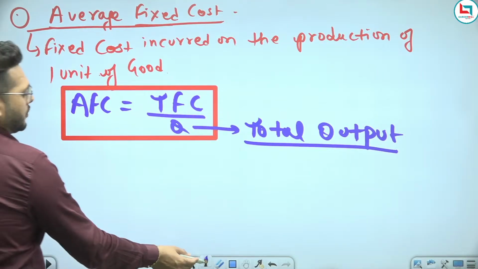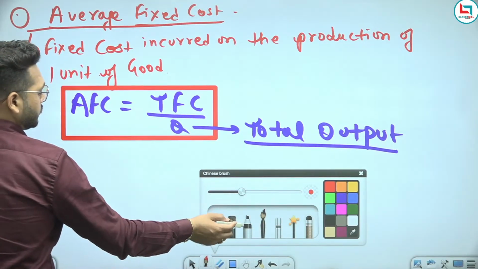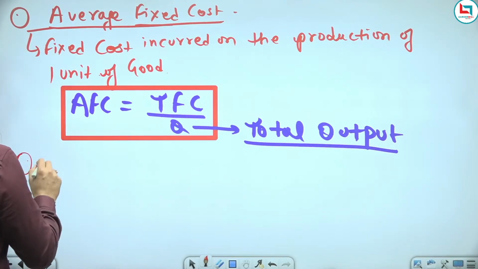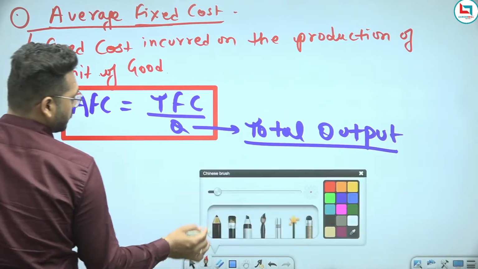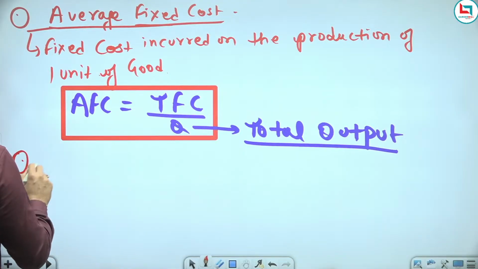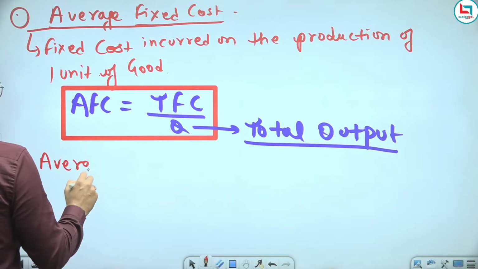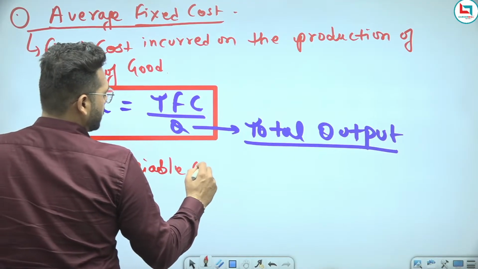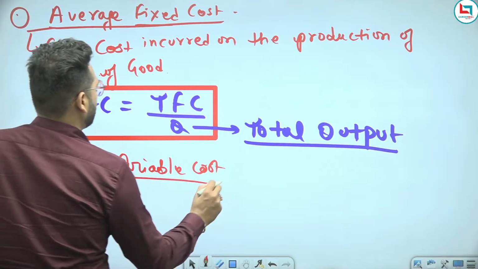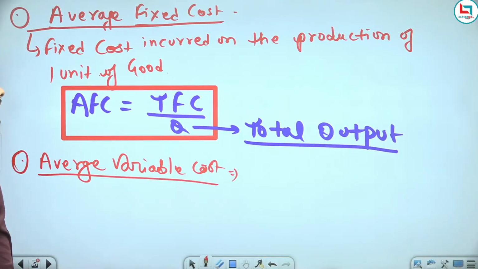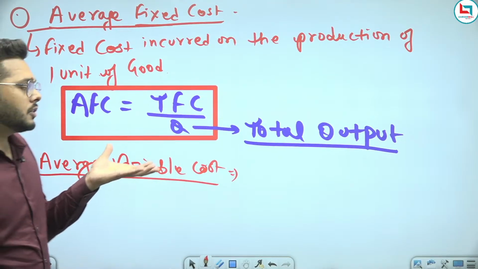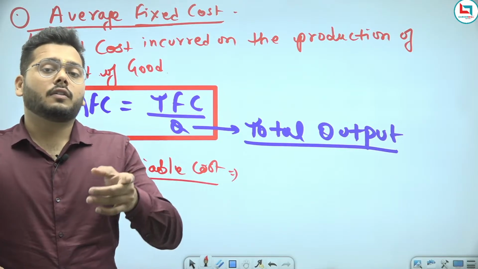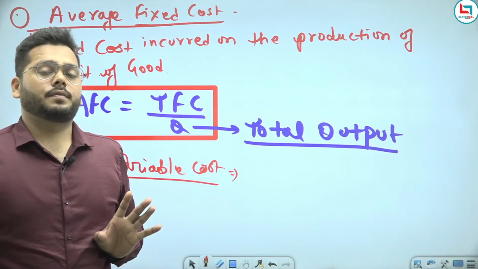Now, if we talk about the average variable cost, what do you mean by average variable cost? Average variable cost means whatever the total cost incurred on one unit of production.